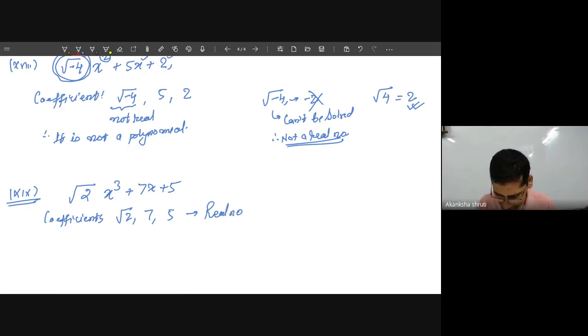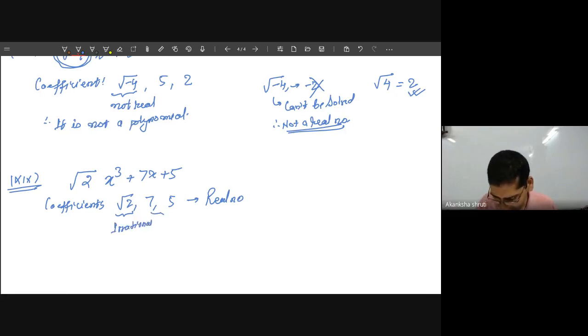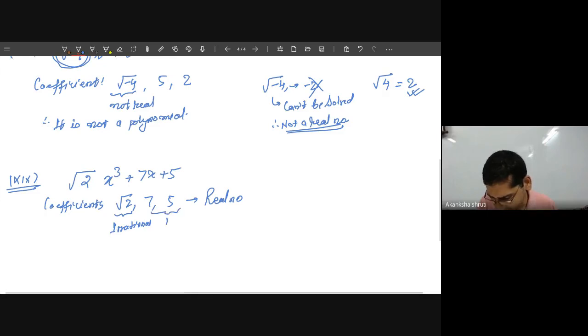Though root 2 is irrational and these are rational, collectively they are real. So the first condition is satisfied.